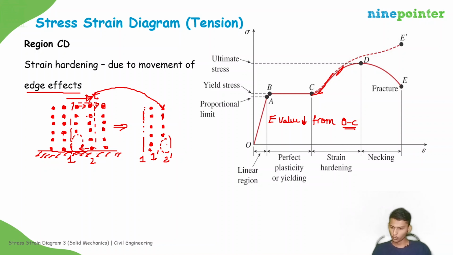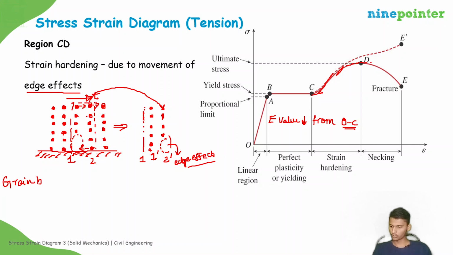Now the edge defect has moved here. So because of the movement of the edge defect, the material will regain its stiffness. Okay, but why after some time is it again decreasing?